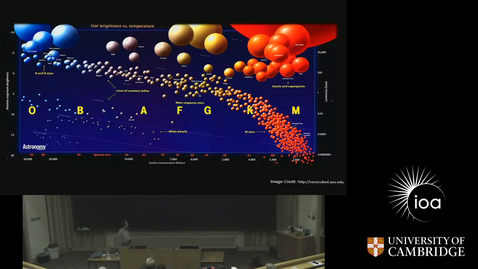So we have the red stars on the right, and we have the blue and hotter stars on the left, and the luminous stars are the giants on the top, and there are also faint and hot stars which we call white dwarfs, which are on the bottom left.